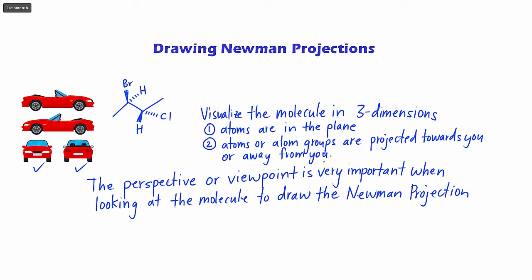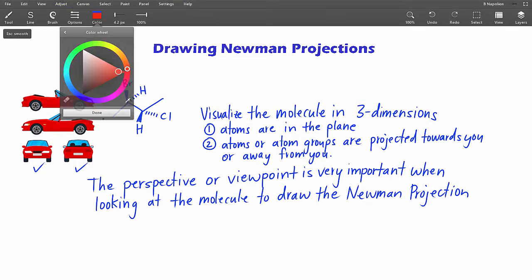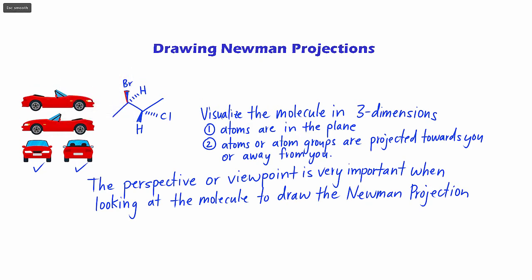Okay? So if we look at this molecule that I've drawn up here, and we're looking at it from the side, we can see that a Br would be projected towards us and an H would be projected towards us, okay?